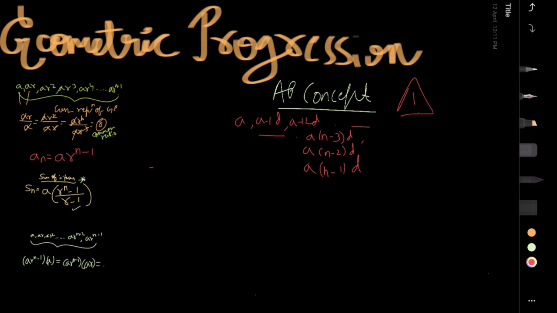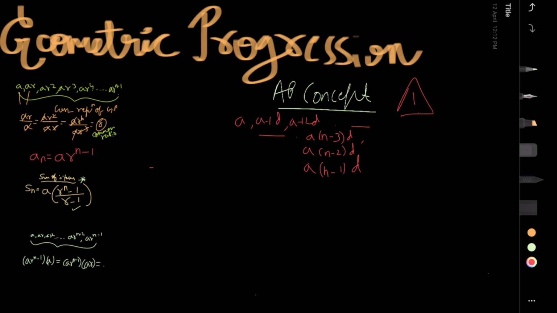Now, the first term is A. The second term is A minus D, then A minus 2D, A minus 3D, and so on like that only. Like AP only, we have to not confuse here.